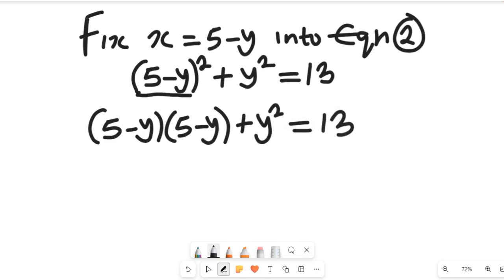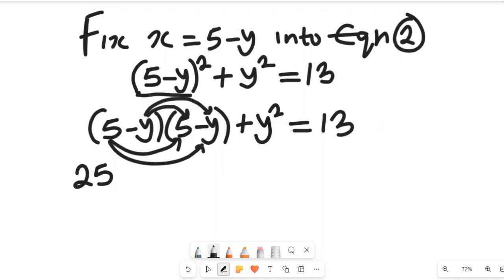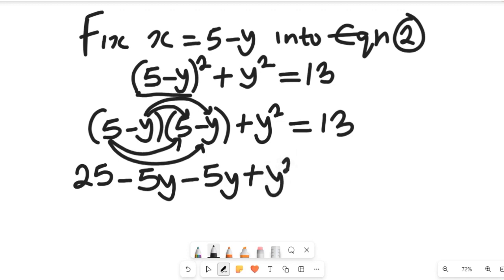So let's expand this. This multiplies this, while this multiplies this. So 5 times 5 will give us 25, minus 5y, and this will give us minus 5y, and minus times minus is plus, so we'll have plus y squared, plus y squared, and this will be equal to 13.